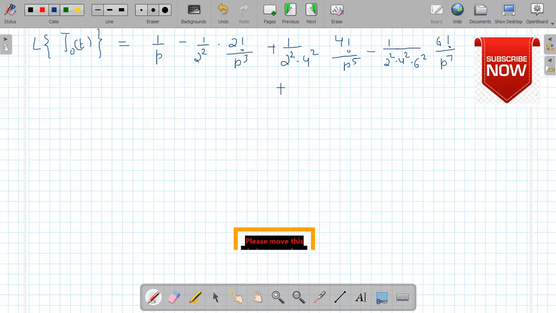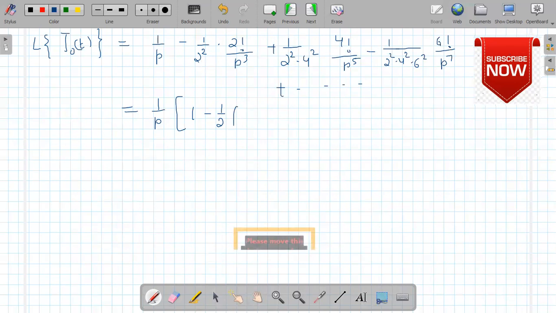And so on. So you can take 1 upon p common here. So this is 1 minus 1 upon 2, and this just cancels with this 2.